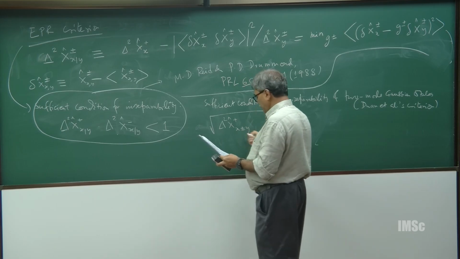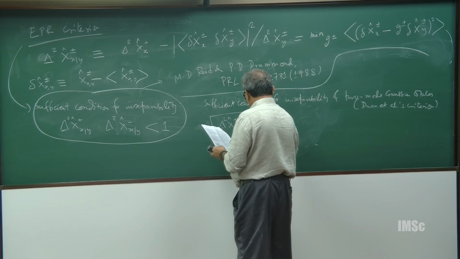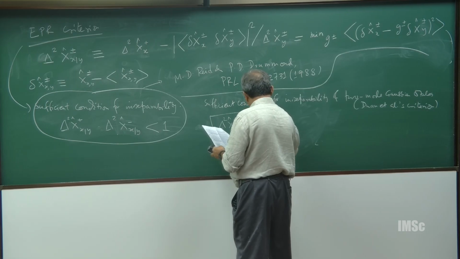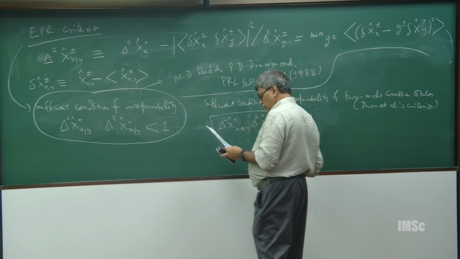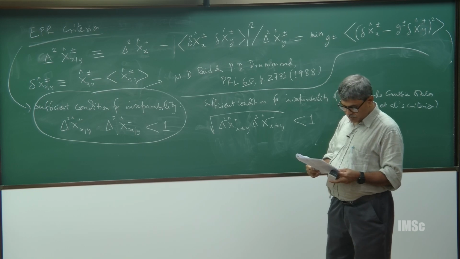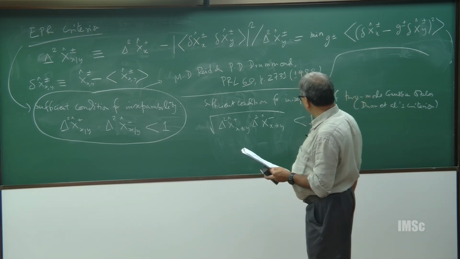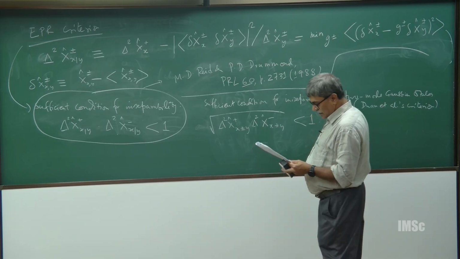This is a kind of superposing the modes, delta square of x plus minus y is less than 1. So this is the necessary and sufficient condition.